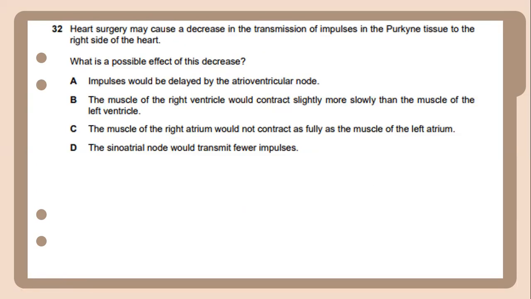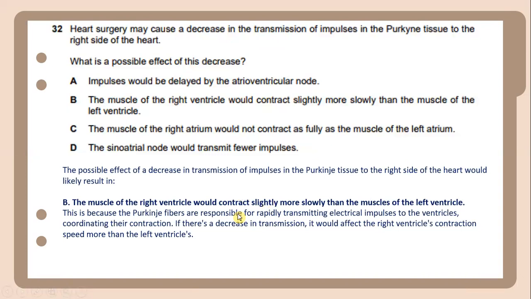Heart surgery may cause a decrease in the transmission of impulses in the Purkinje tissue to the right side of the heart. What is a possible effect of this decrease? The muscle of the right ventricle would contract slightly more slowly than the muscle of the left ventricle.